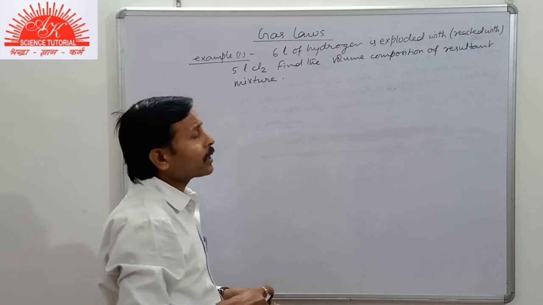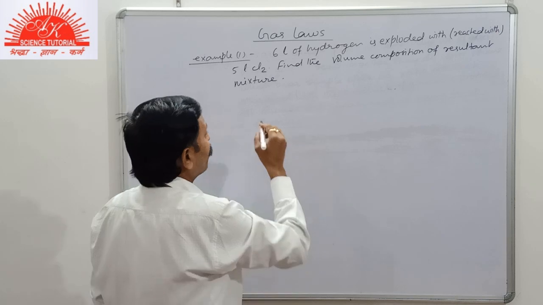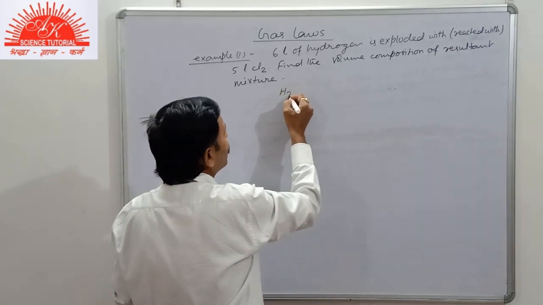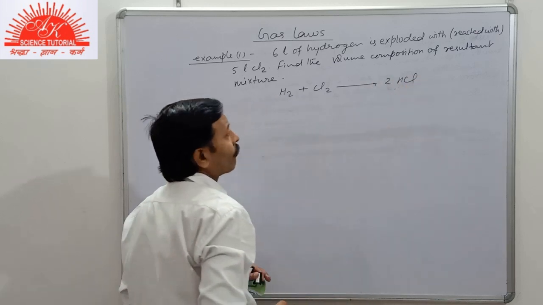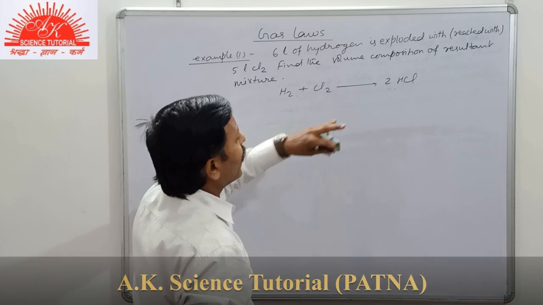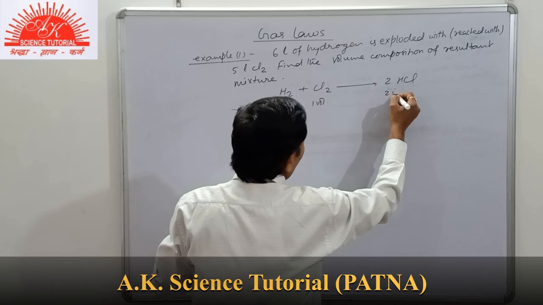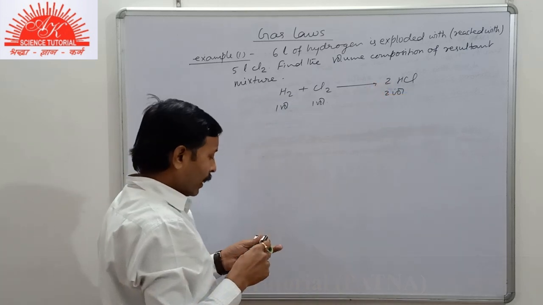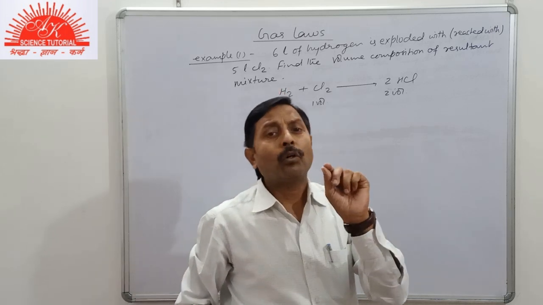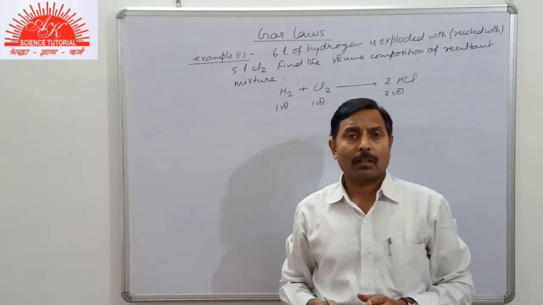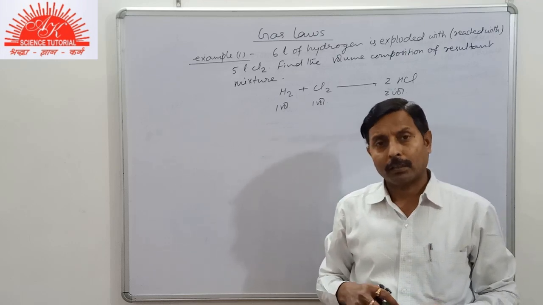Now in this part, first of all you should write its chemical equation. Here it is given H2 plus Cl2 gives 2HCl. Since there is a gaseous reaction, we will write here one volume, one volume, two volumes. Now, students, in this type of question, the volume of any one substance will be given and the volume of another substance will have to be calculated.